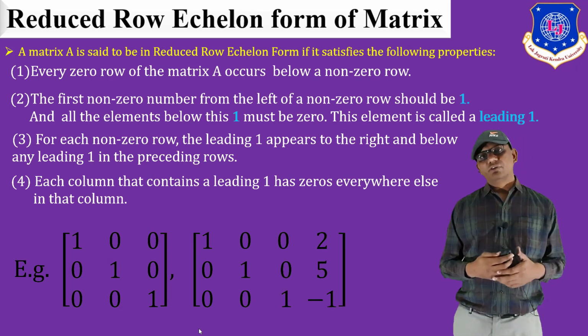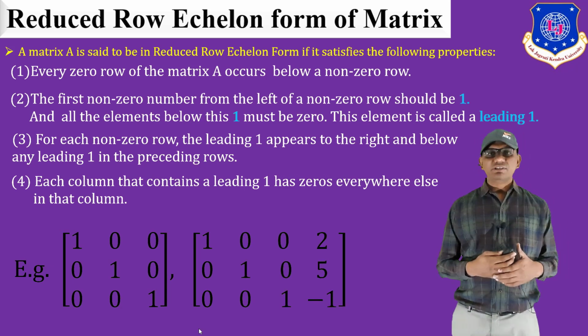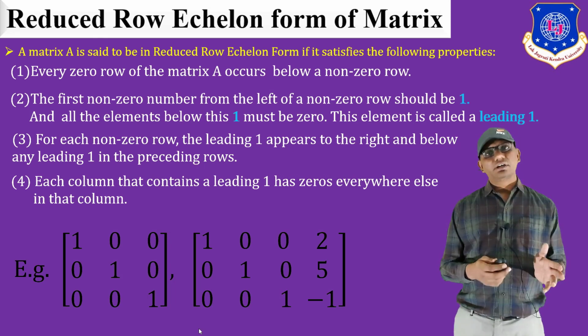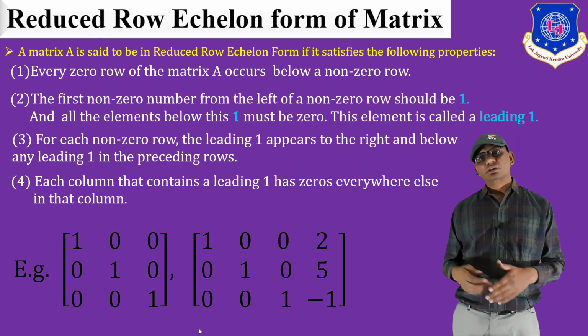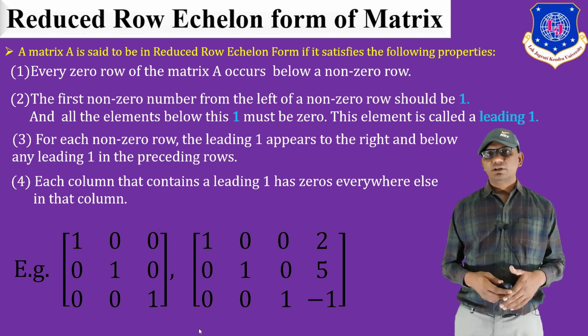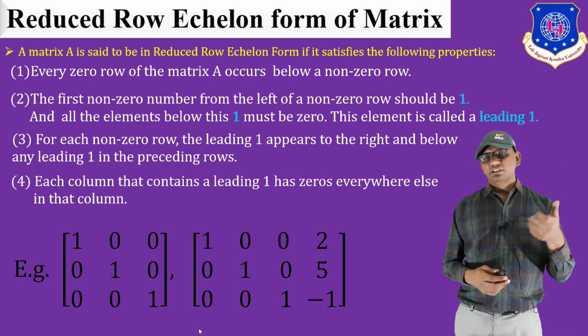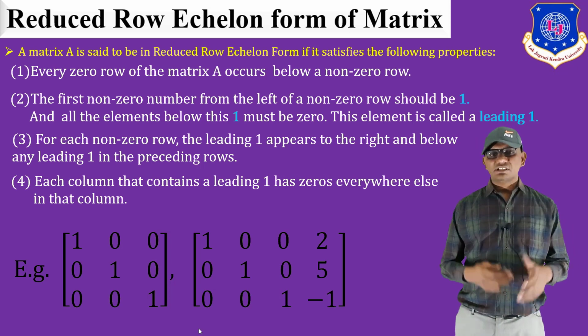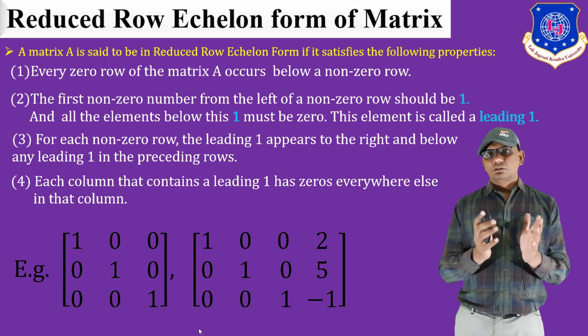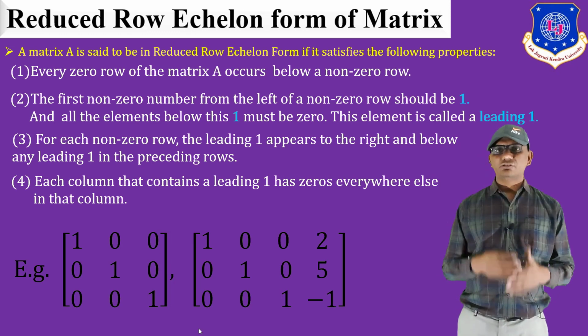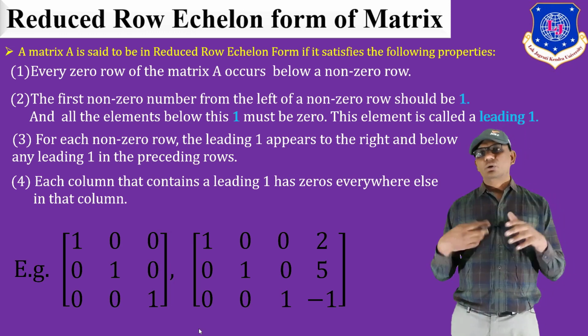So the first matrix is I3, that means the 3 cross 3 identity matrix, in which all the leading elements are to the right of the previous leading element, and all the entries below and above the leading ones are 0. In the second example, we have the same type of situation, but the last column doesn't contain a leading element, so it is generally known as a non-pivot column.